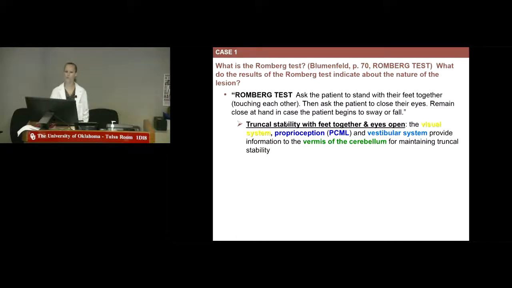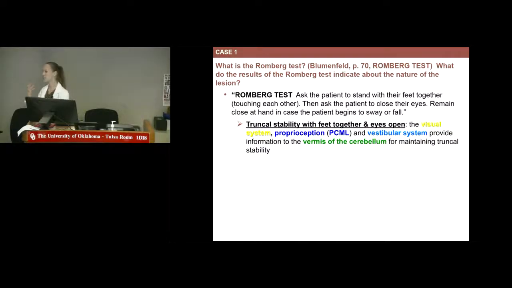So normally what keeps you stable with your feet together and your eyes open? Your visual system gives you some sensory input about your relative location. Your joint proprioception gives you some sensory input about where your body is in space. Your vestibular system gives you some input about where you are relative to gravity.